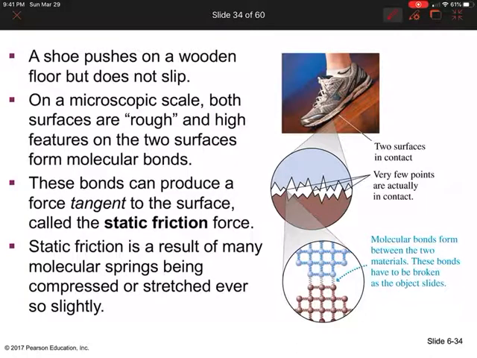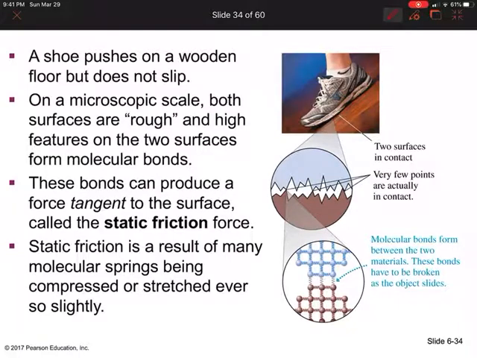And so these two surfaces are in contact, and this is showing a zoomed in view, saying that very few points are actually in contact, but the molecular bonds formed between the two materials have to be broken for the object to slide. So this is saying that a shoe pushes on a wooden floor but does not slip.